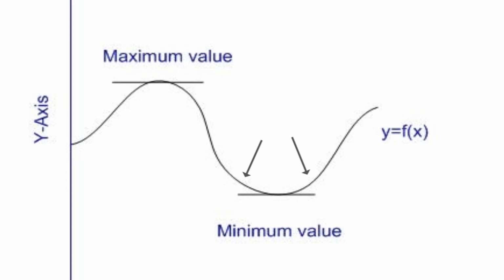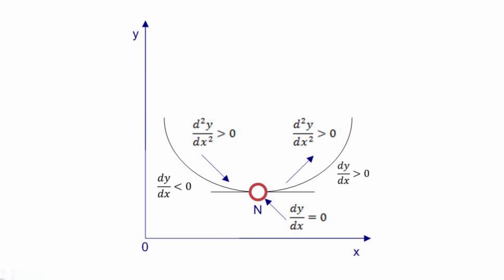The third observation is that immediately before attaining a minimum value, the curve decreases at an increasing rate, and immediately after attaining a minimum value, the curve increases at an increasing rate. In mathematical language, it may be said that before attaining a minimum value, the first derivative is less than 0 and the second derivative is greater than 0.